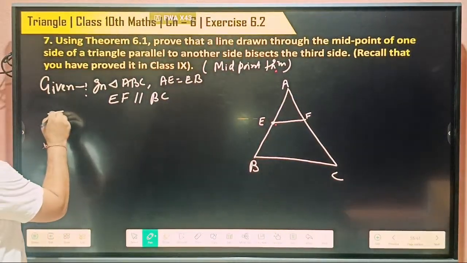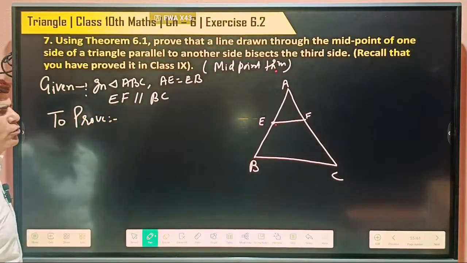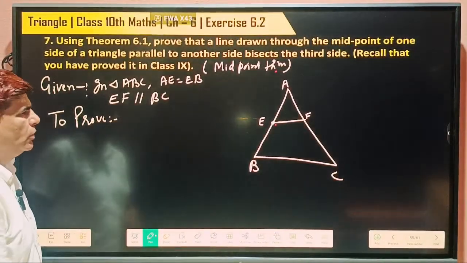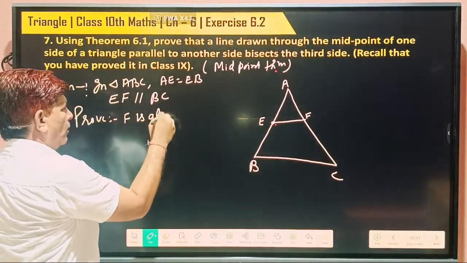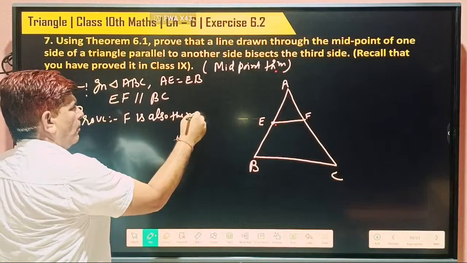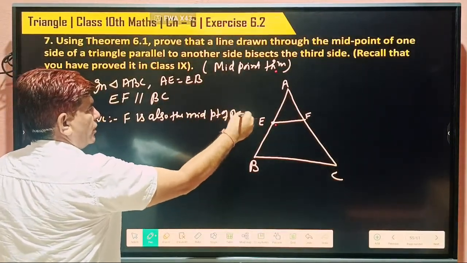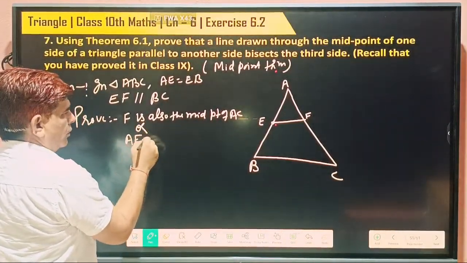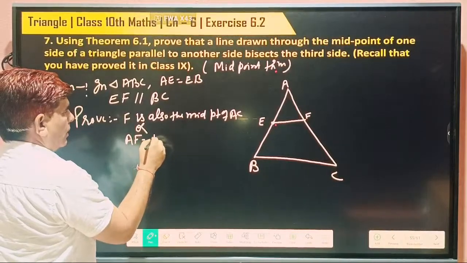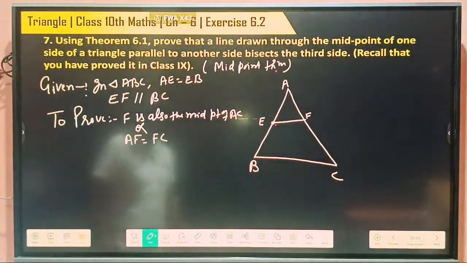Then what do you have to prove? You have to prove F is also the midpoint of AC, or AF equals FC. This is the midpoint theorem.